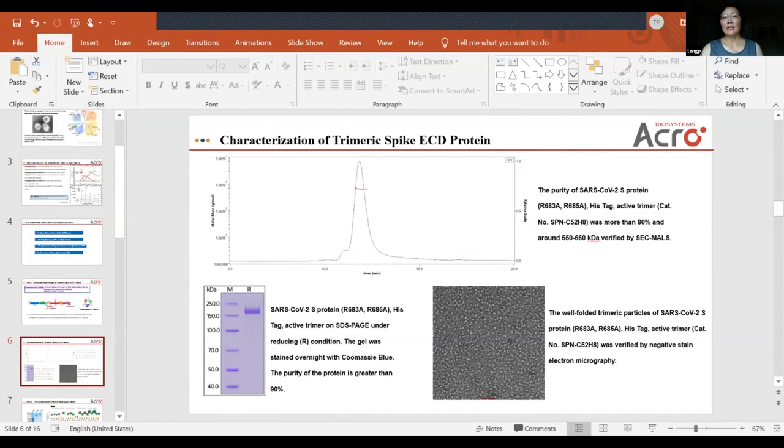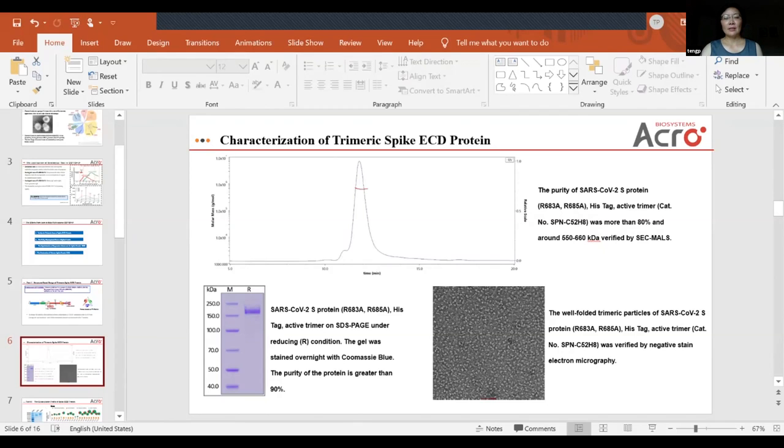And this is the SEC-MALS data to characterize the trimeric spike protein. This data also shows the proper trimerization and the right estimated molecular weight as a trimer. And this data also shows that our product has very homogeneous trimeric particles via negative stain electron microscopy.